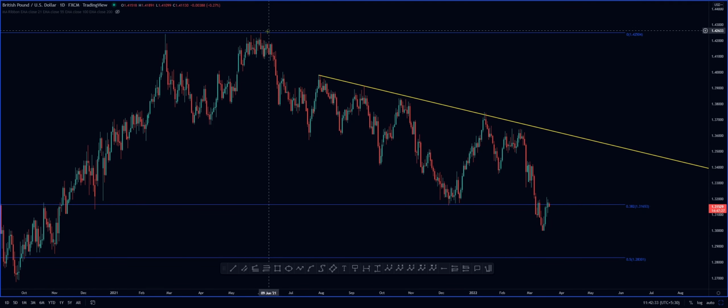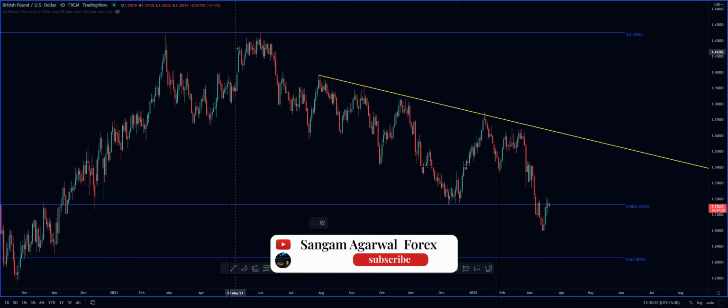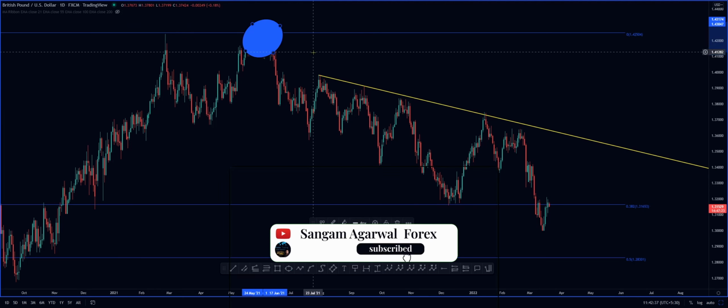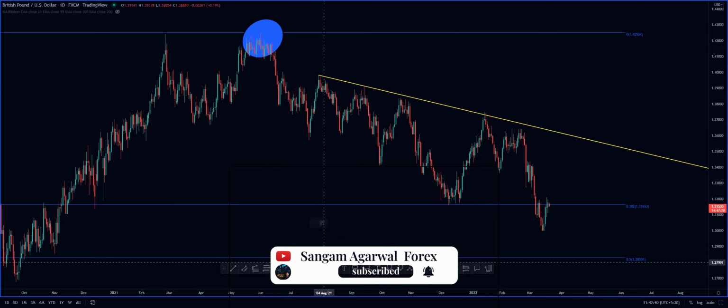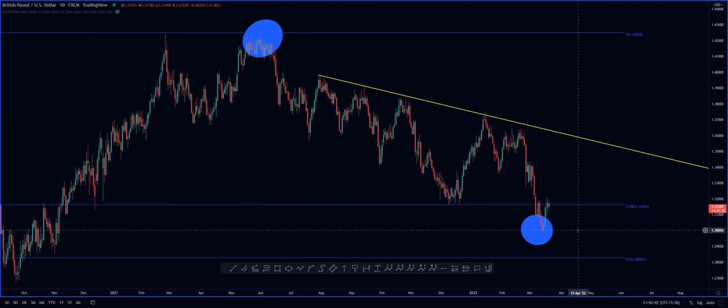From this top to this bottom, you can see price had made a series of lower low, lower high, and which is a valid bearish trend.